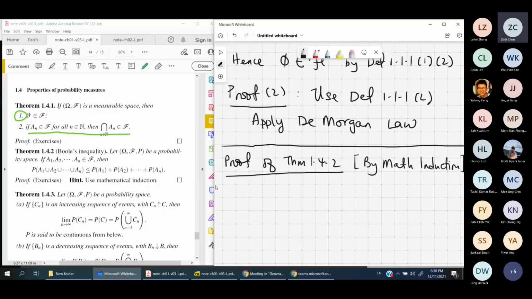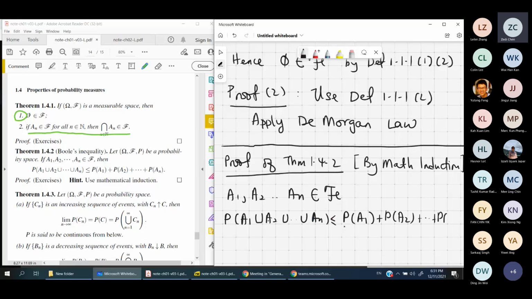First of all, we verify this for n equals 2. You want to verify this equation. We write this statement out. If A1, A2 up to An are events, then P of A1 or A2 and so on.